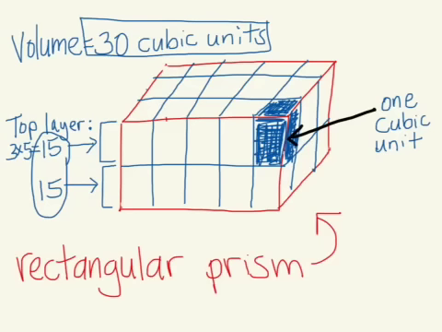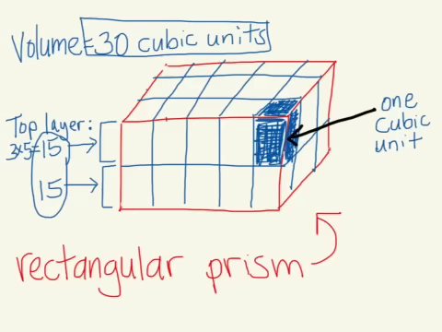Basically, what we did is we figured out the length of the container and the width of the container. And then when we added the 15 and 15, it's kind of like 15 times 2 or doubled because there are 2 layers. So that would be the height of the container is 2 blocks high, 5 blocks long, 3 blocks wide.